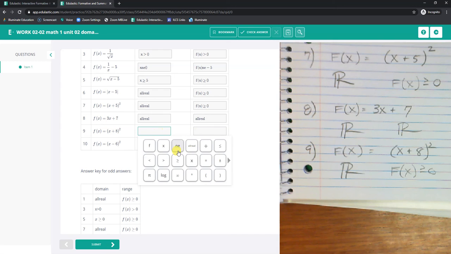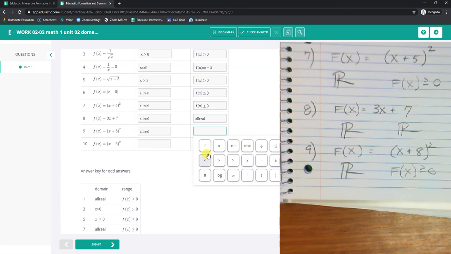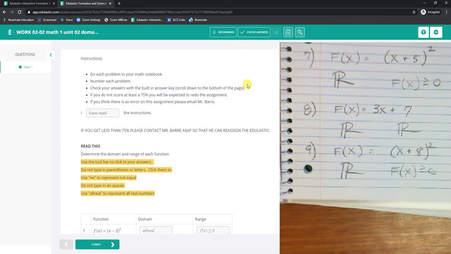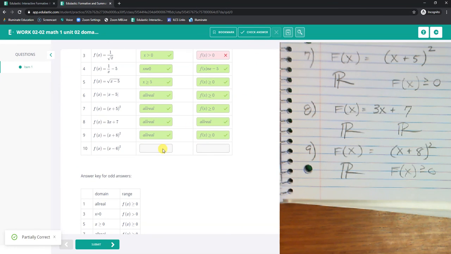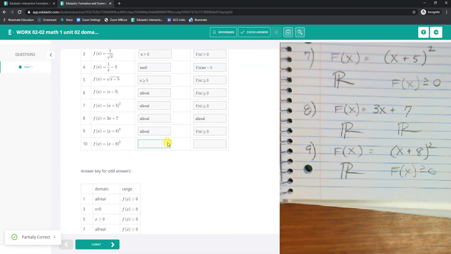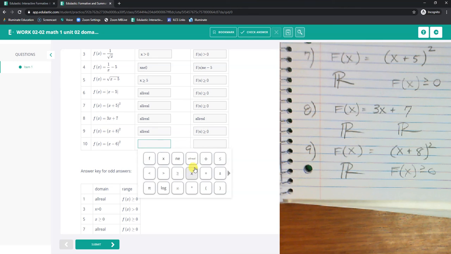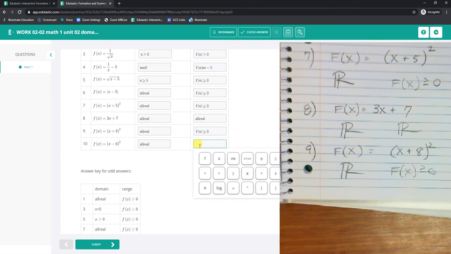This one is all real and positives. So we did this. Looking good. And our final one, this is the exact same thing as number 9 and the exact same thing as number 7. All reals, and f of x is greater than or equal to 0.